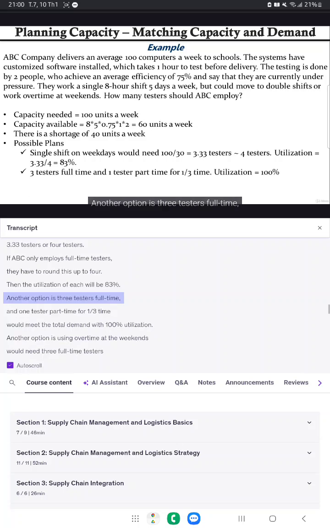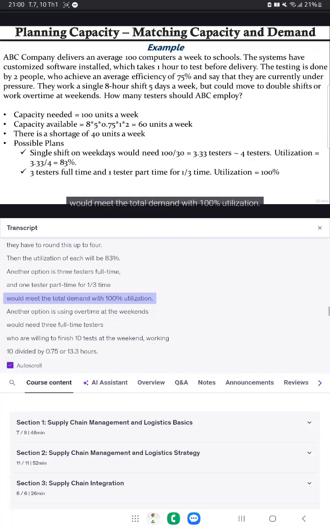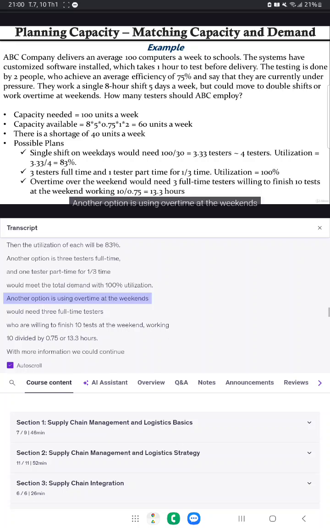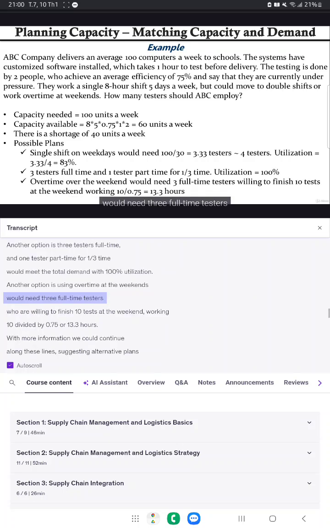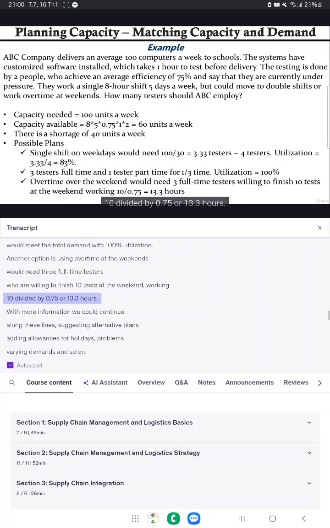Another option is 3 testers full-time and 1 tester part-time for 1/3 time, which would meet the total demand with 100% utilization. Another option is using overtime at the weekends, which would need 3 full-time testers who are willing to finish 10 tests at the weekend, working 10 divided by 0.75, or 13.3 hours.